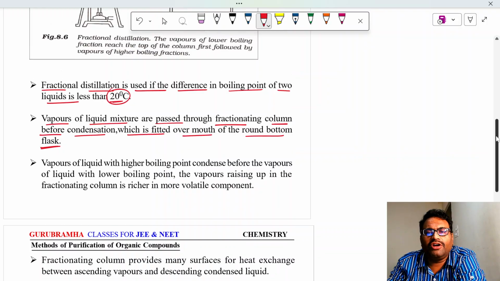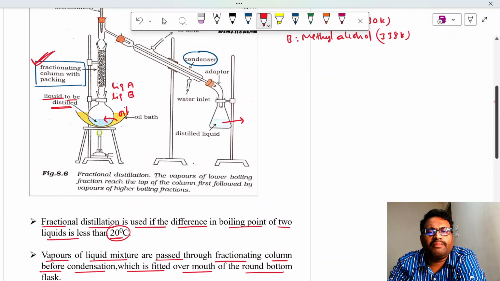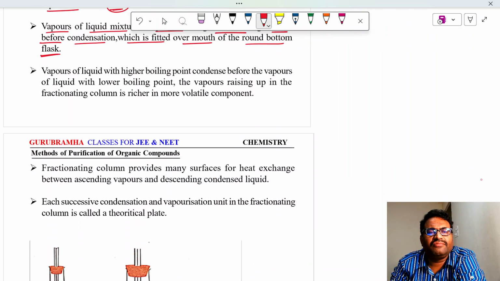Before coming to the condenser, first of all they are passed through the fractionating column. Vapors of the liquid with higher boiling point condense before the vapors of the liquid with lower boiling point. The vapors rising up in the fractionating column are rich in the more volatile component.